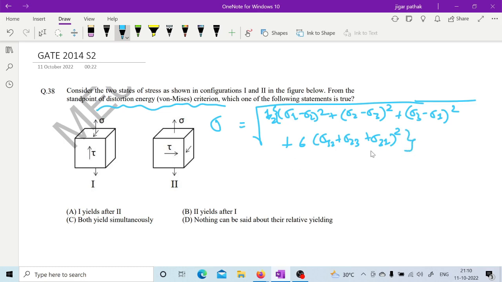The sigma 12, sigma 23 and sigma 31 are tau xy, tau yz and tau xz, right? So with this equation you can calculate the resultant stress in both the cases.